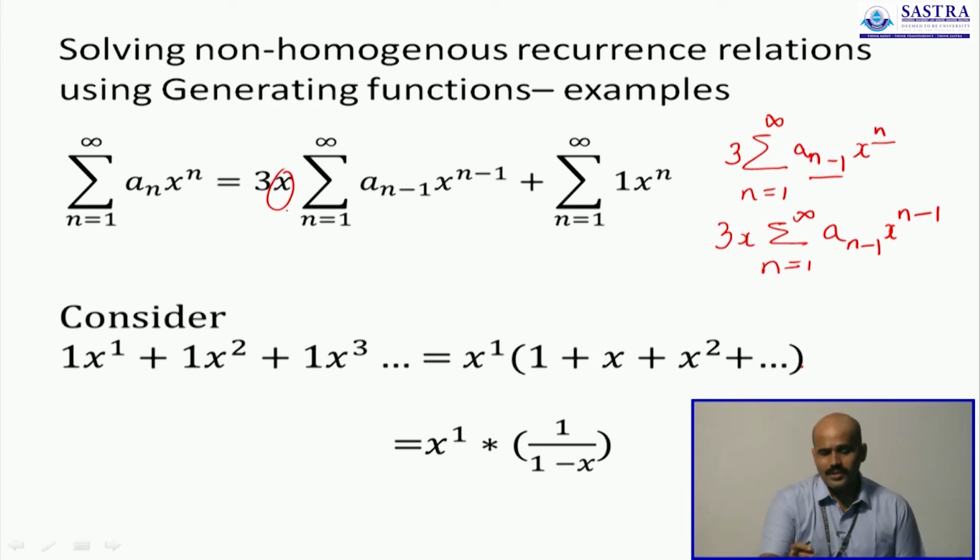Now considering the last summation, this is what we have: x plus x squared plus x cube, etc. Now what I can do obviously is factor out one of those x's.